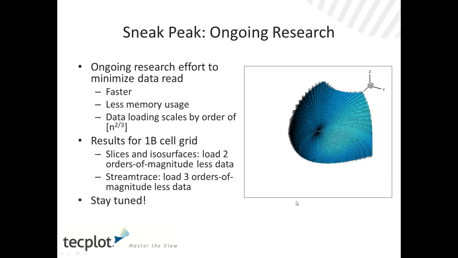All right, so if you took 48 gigabytes before, now you can do it in 2. It's a huge difference. And the stream traces, it's even more dramatic. Now this is for one stream trace, so if you have a bunch of them, it may not be quite as dramatic, but you get the idea. We load less data, and it's much faster, and it uses much less computing resources.